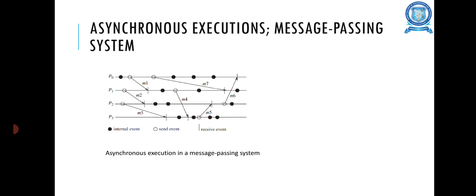The next circle represents the send event. The dash represents the receive event. At first the process is in the internal event, then it sends one message to the particular process P1. Then P1 sends the message to P2. Like this, asynchronous executions are processed using the message passing system.